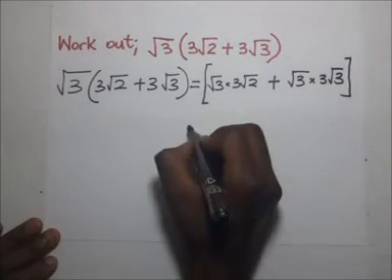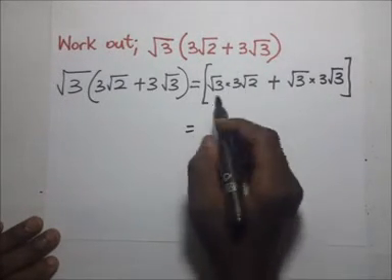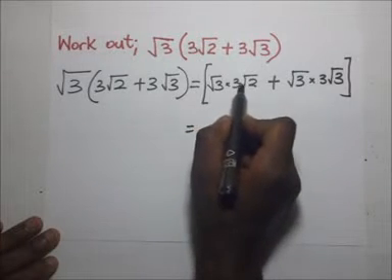So this is going to become now root 3 times 3 root 3. Remember this is 1 root 3 times 3 root 3.